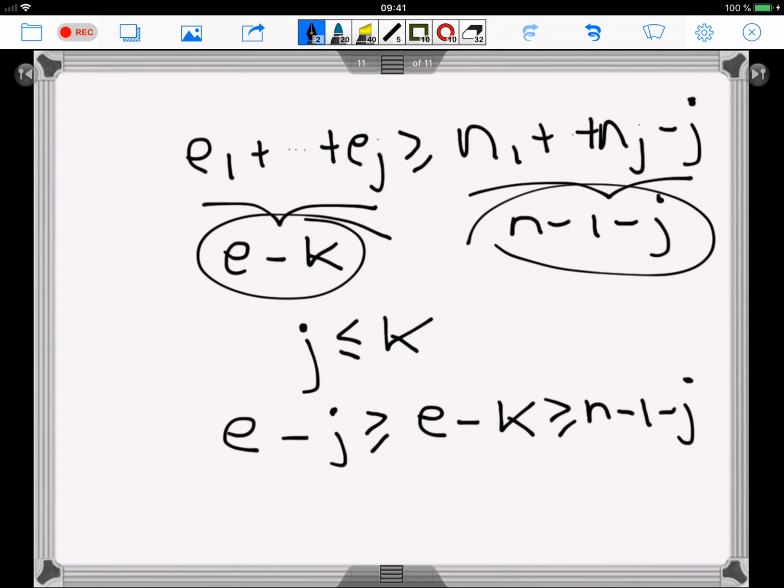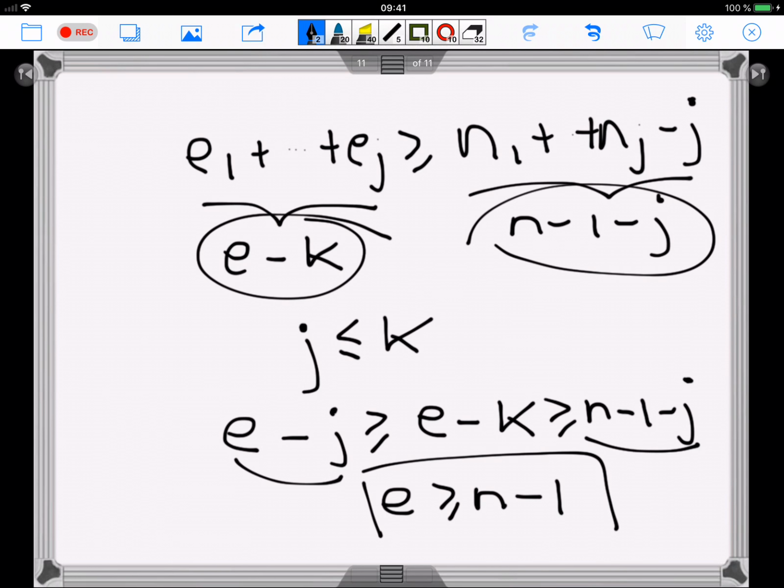So if I add j in both parts here, I obtain e that is greater than or equal to n minus 1, as we wanted to prove. Okay, and this concludes the proof of this lemma.